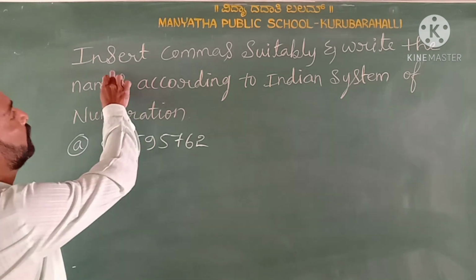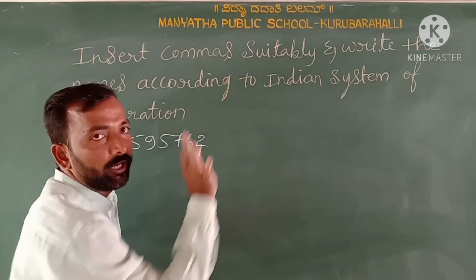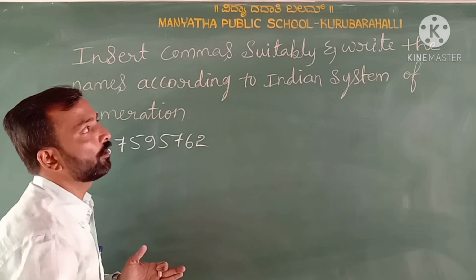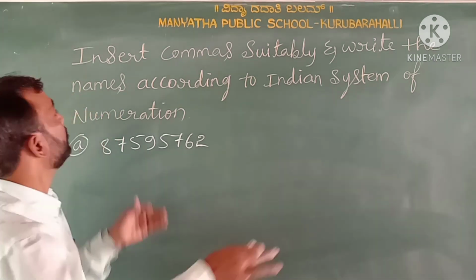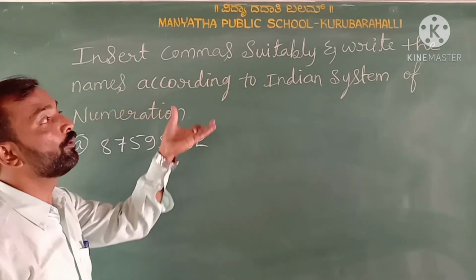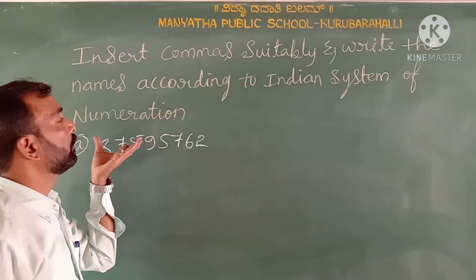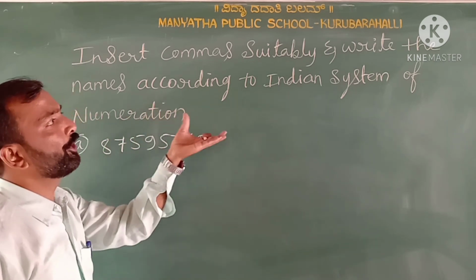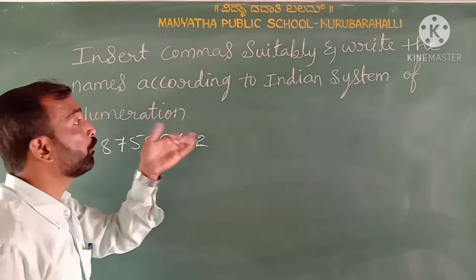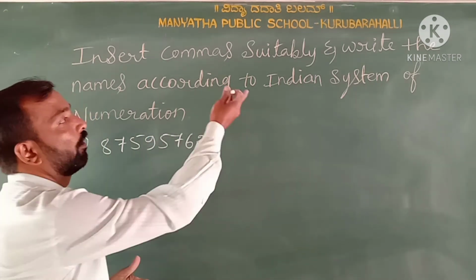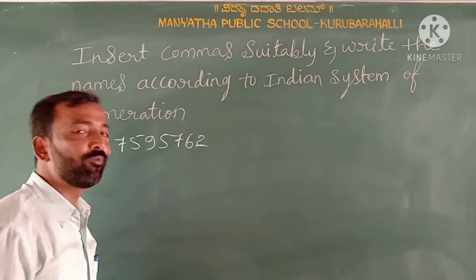That is first, insert commas suitably. It is one part. Second, write the names according to Indian system of numeration. Here, according to Indian system of numeration means you put a comma also according to Indian system of numeration.